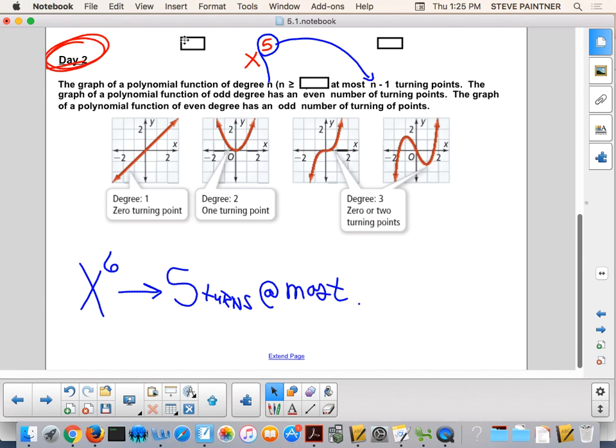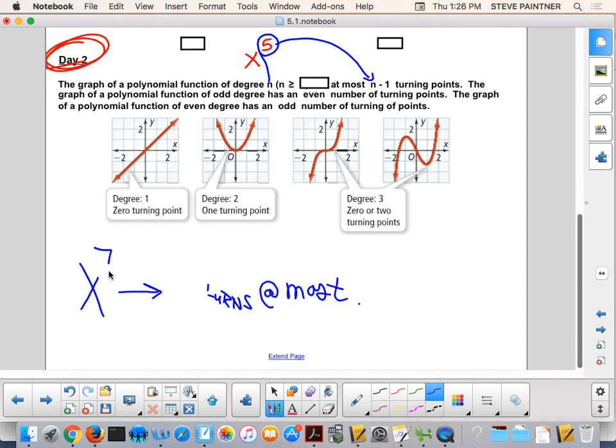Odd degrees, like 7, can turn 6 times at the most. So it's an even number. So a 7th degree polynomial can turn 6 times at the most? Okay. Or less.